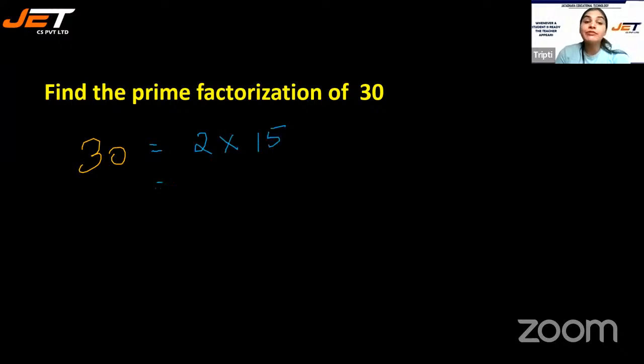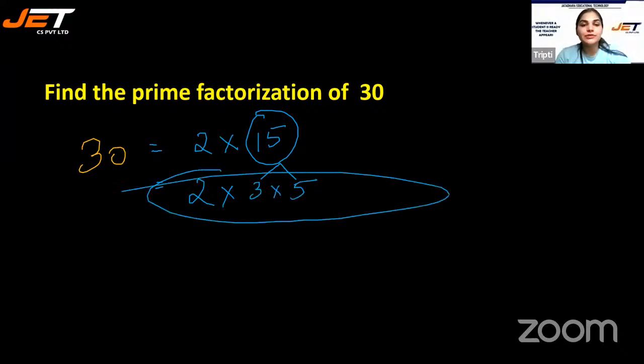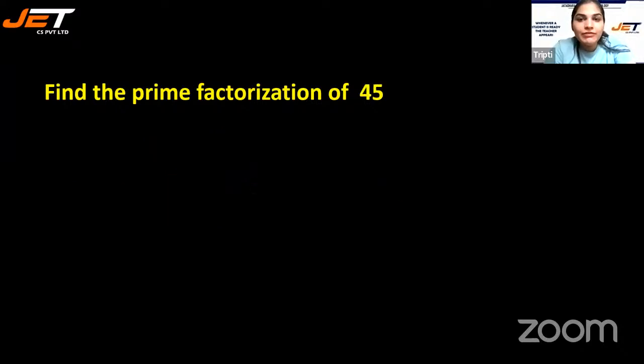Now if I see this 15, I know that this 15 is a composite number, right? 2 as it is, I am going to write this 15 as 3 times 5. Now, if you see, all these numbers are prime numbers. So the prime factorization of 30 is 2 times 3 times 5. Next one, 45. Let's do 45.